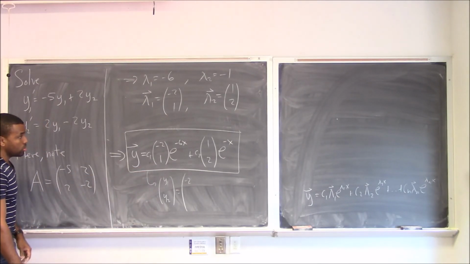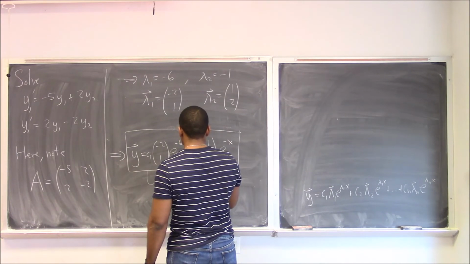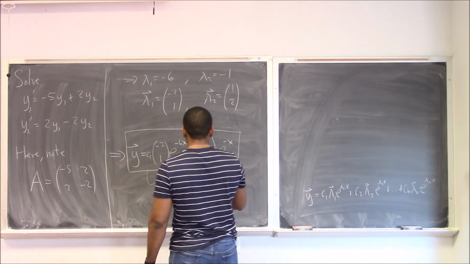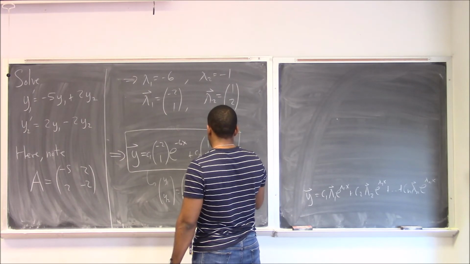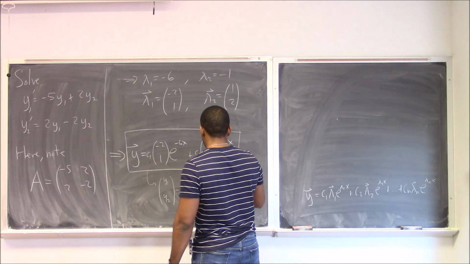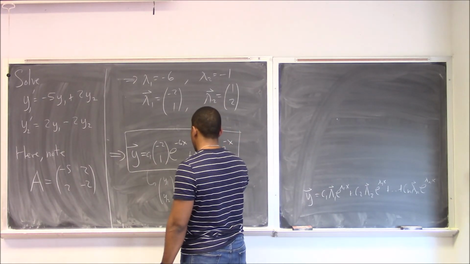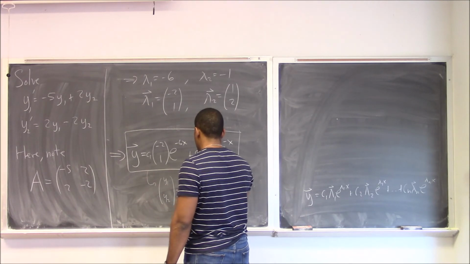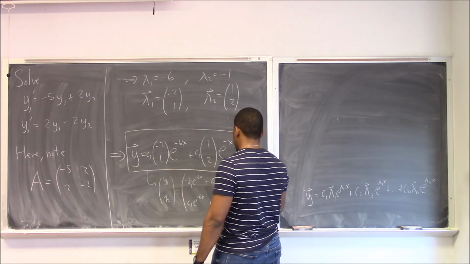And so you can say here, this is 2e to the minus 6x plus e to the minus x, plus c2 e to the minus x. And this one down here will be c1 e to the minus 6x plus 2c2 e to the minus x.